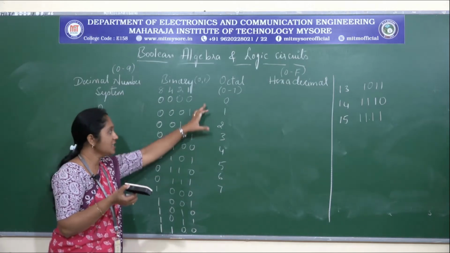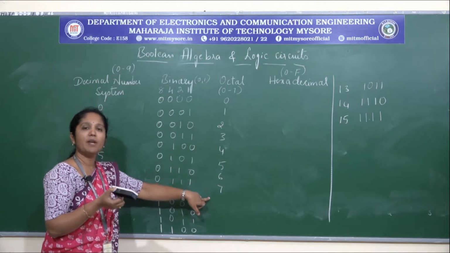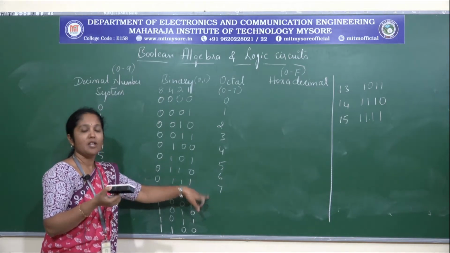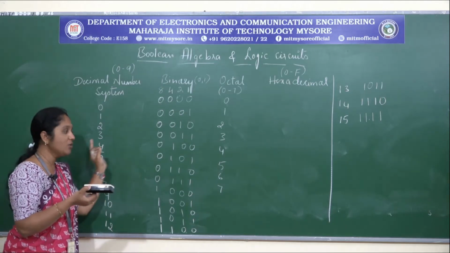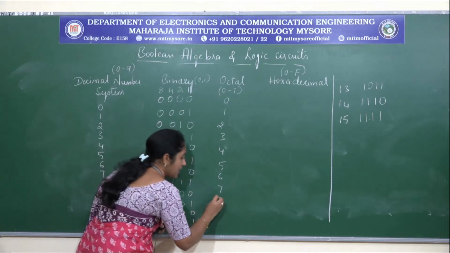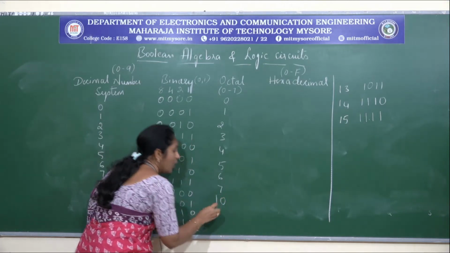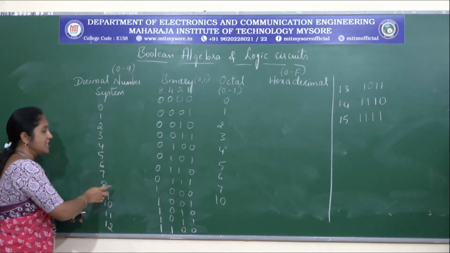In octal, since we have the maximum number as 7, the next number will start with 10, similar to the decimal, where after 9 we write 10. So the next number is 10, which is nothing but 8 in the decimal number system.